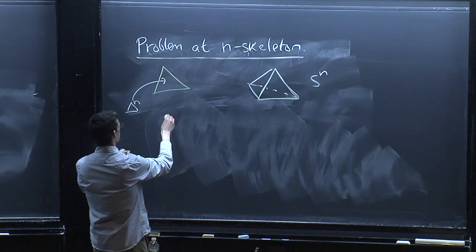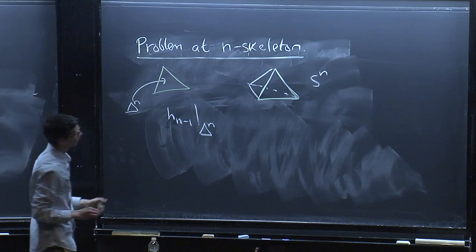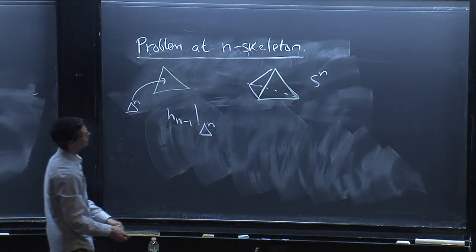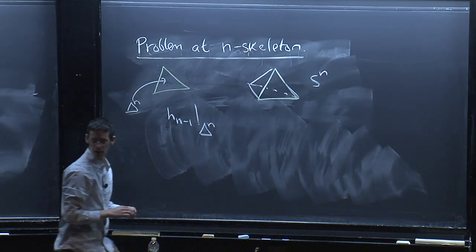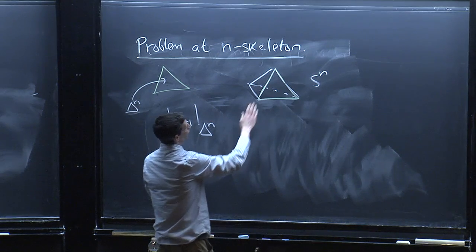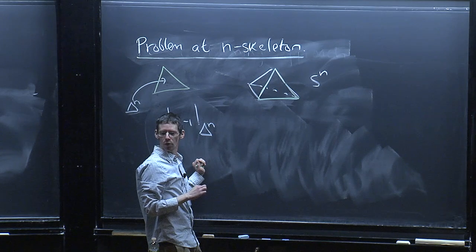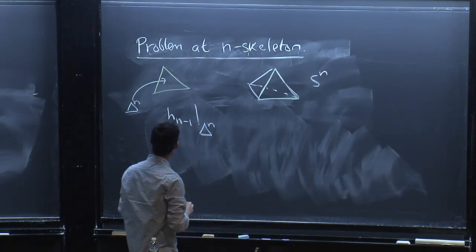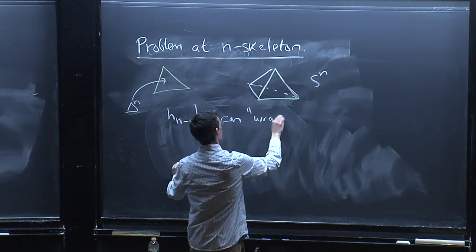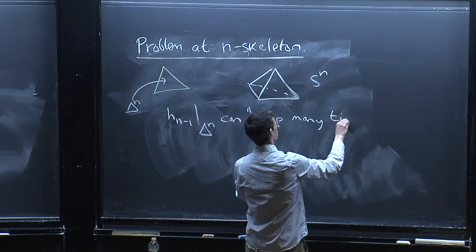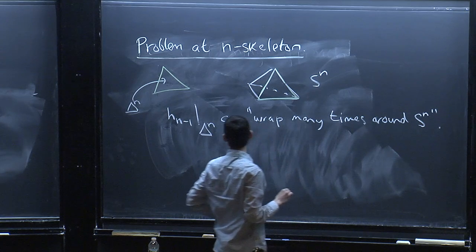But the problem is that if I take the map I have so far and restrict it to delta n, it might not be homotopic to the simplicial map that takes delta n to this face. Because, for example, instead of going on the front face of Sn, it might wrap around the back of Sn. And now it's in the wrong homotopy class. And it might do worse than that. It can wrap many times around Sn.